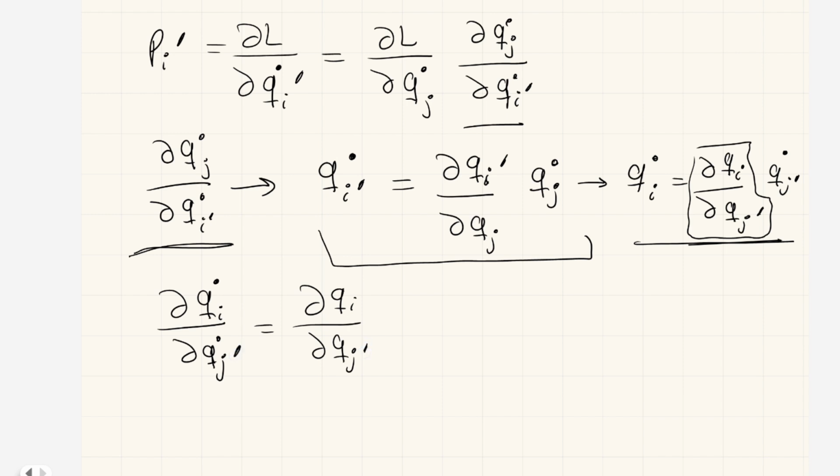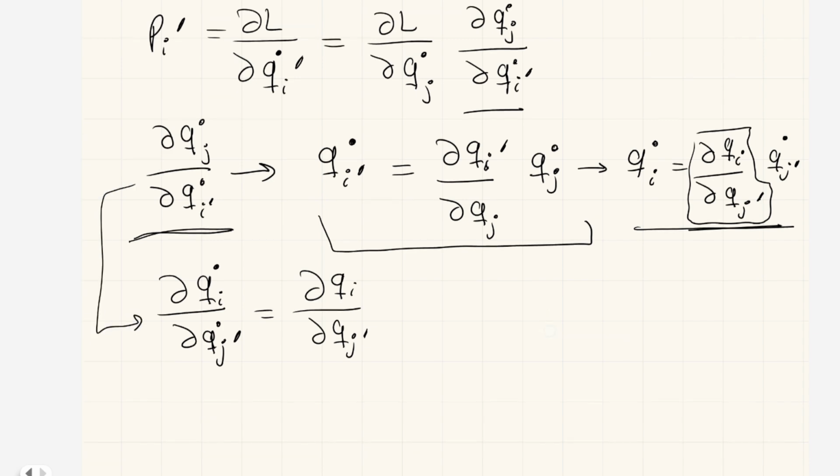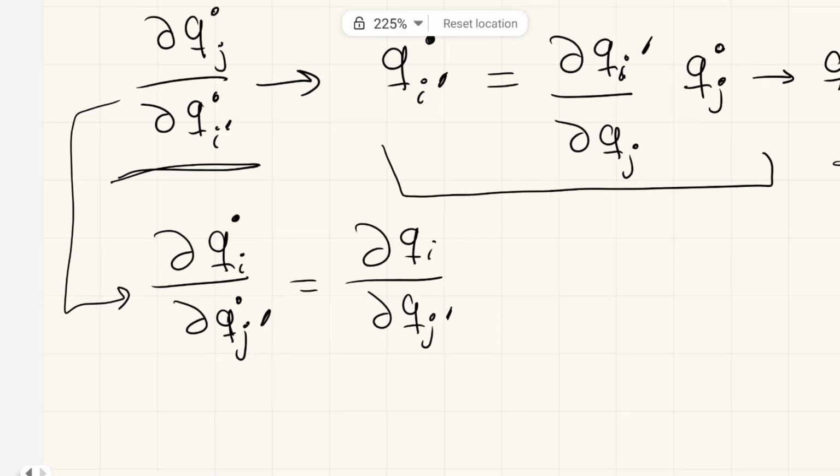And I forgot a prime here. Remember that we are calculating this. So this is telling us that we just need to take out this dot, and it is exactly the same. The derivative of qi dot with respect to a dot variable is equal to the derivative of that variable without the dot with respect to the variable without the dot.